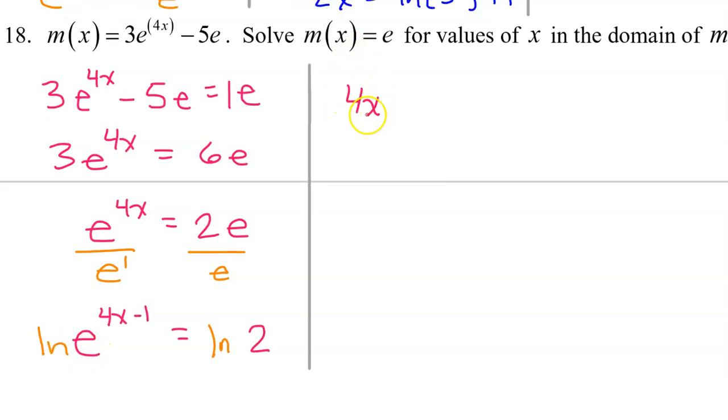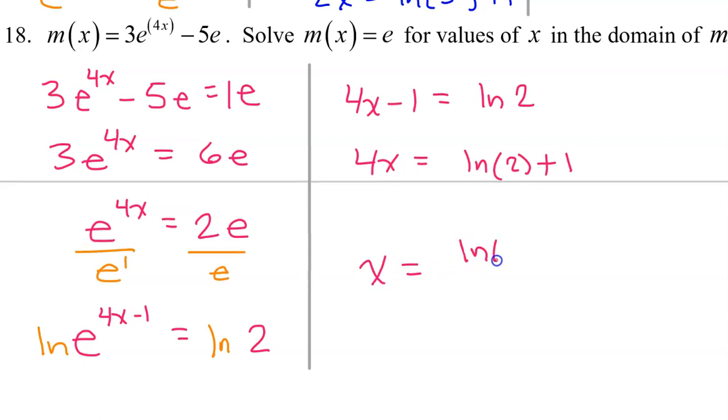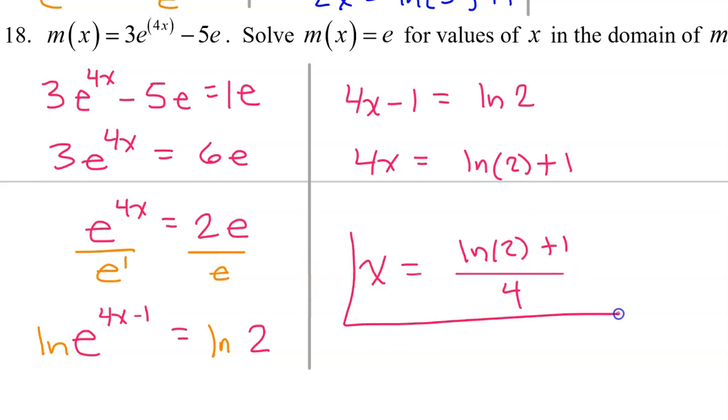And we are left with 4x minus 1 is equal to the natural log of 2. Adding 1 to both sides, we get 4x is equal to the natural log of 2 plus 1. And dividing both sides by 4, we get x is equal to the natural log of 2 plus 1 all over 4. And that's the final answer.